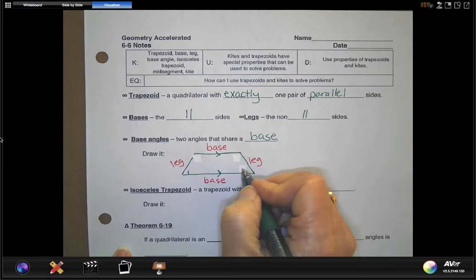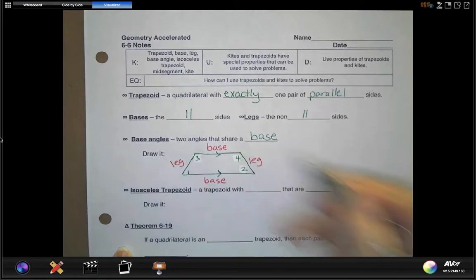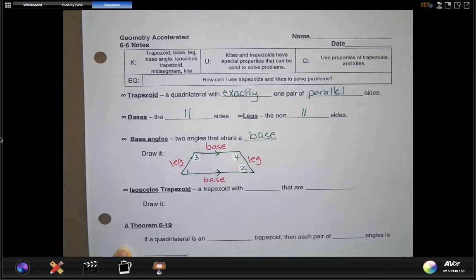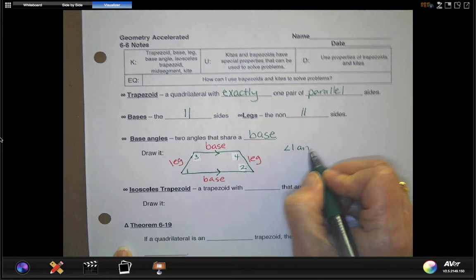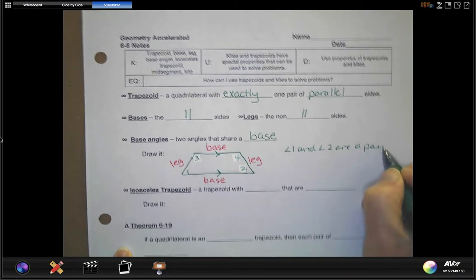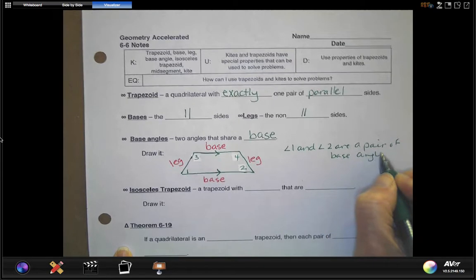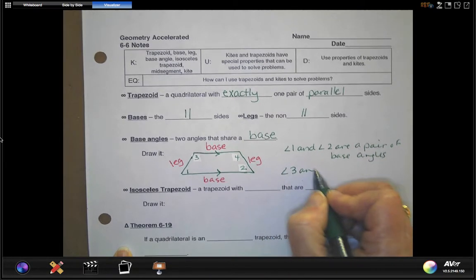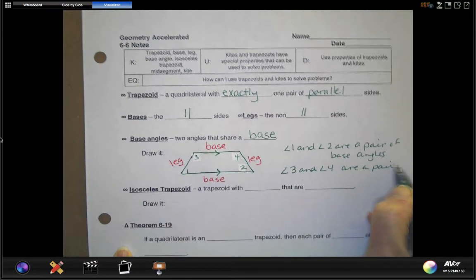So 1, 2, 3, 4 is how I wrote it in my other notes. So I would say that 1 and 2 are a pair of base angles. And then 3 and 4 are a pair of base angles.